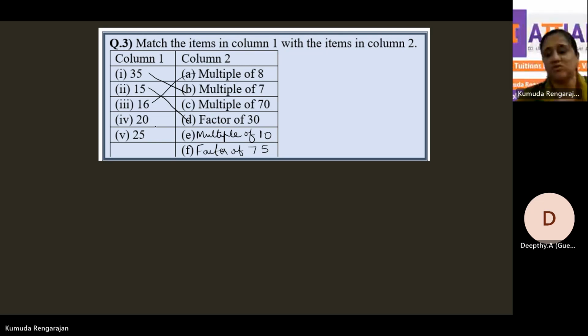Very good. Next, 20. 20 is a multiple of 10. Very good. 25 is a factor of 75. Very good.